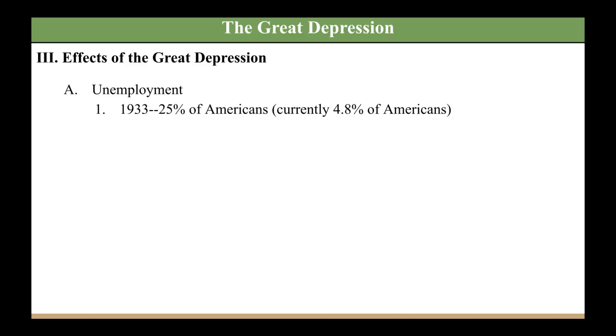Now, in America today, we have a pretty robust economy currently, and we have about a 4.8% unemployment rate. So in good times, we're somewhere between 3 and 5% unemployment. We see unemployment rise to 25%. That means 1/4 of all Americans who are trying to find a job cannot be employed because there are just not enough jobs to go around.